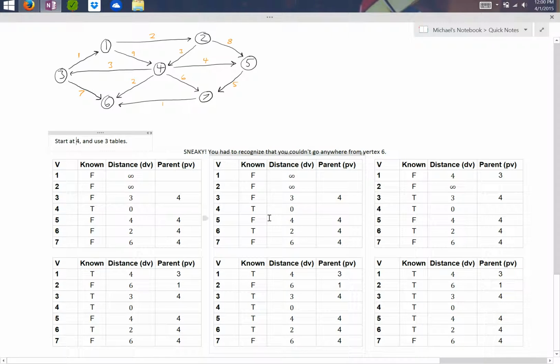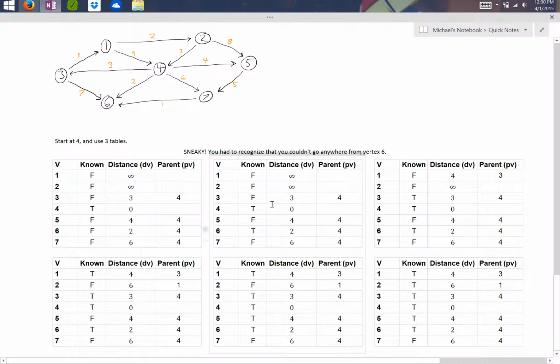So let's say I'm starting at 4, and I want to find the fastest path to get to, let's say, 3. Okay, it turns out 3 is not a good example. Let's use the fastest path to get to 6. Well, it really doesn't matter. Basically, all we're going to do is start, and say, what vertex do we want to find?